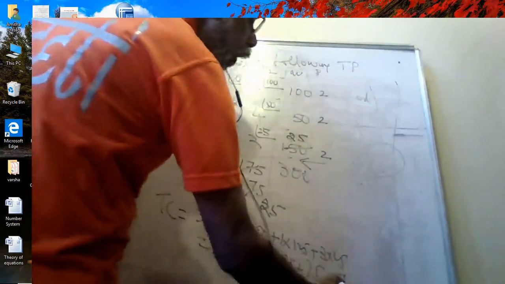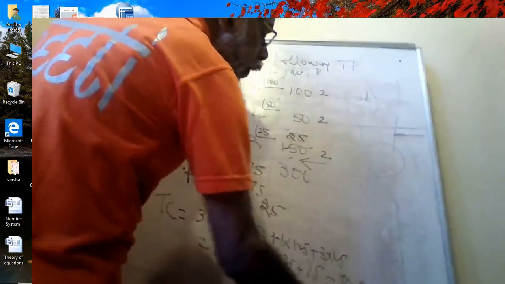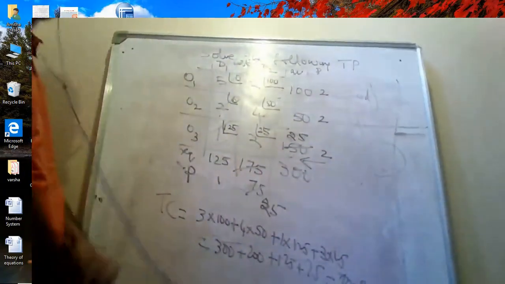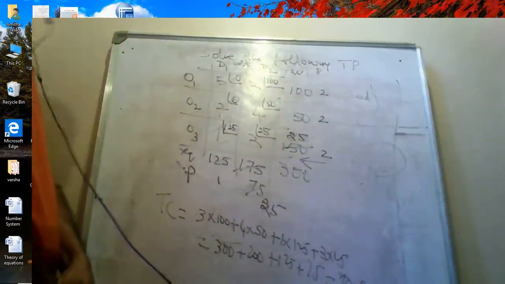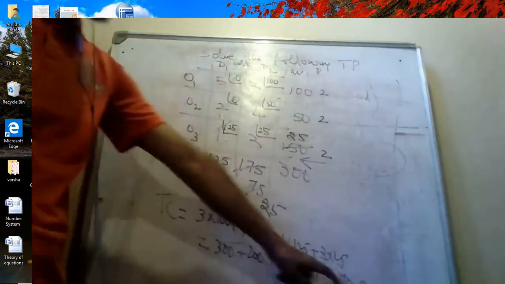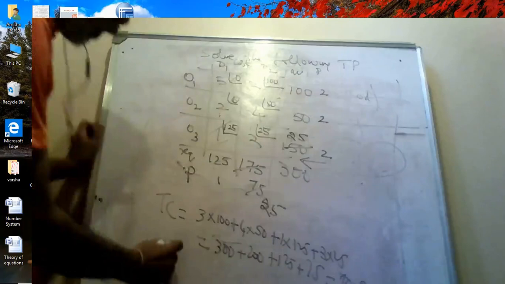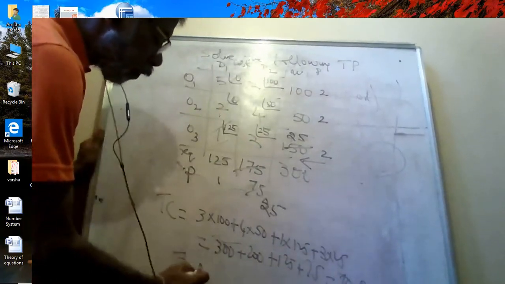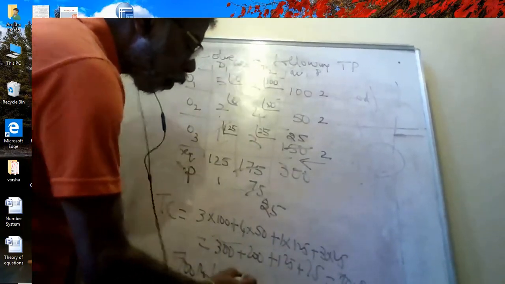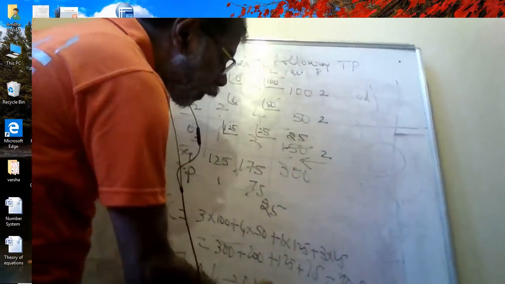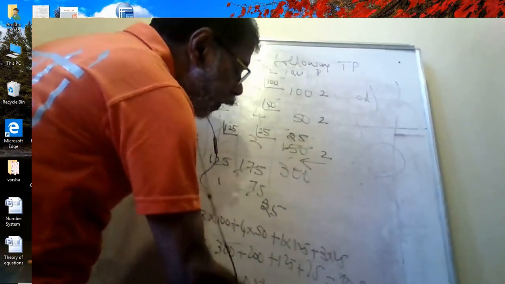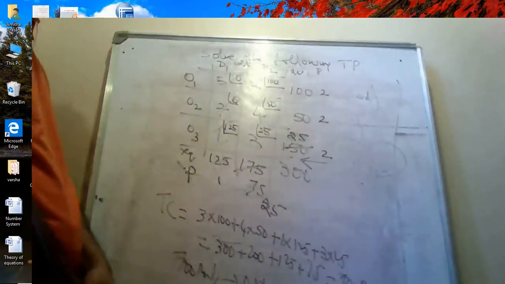So 700 rupees. So we will check now whether we can reduce the cost. It is 700 rupees. Can we reduce it? That is the meaning of optimal solution. That is the next step.